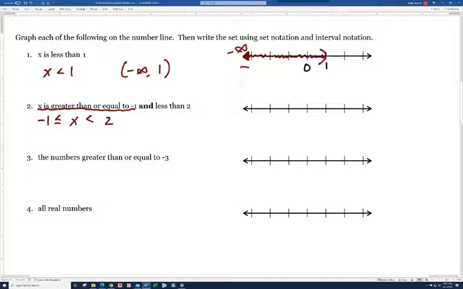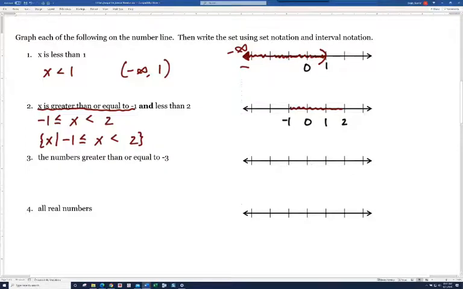Now, if you were writing it in the fancy, formal way, it would look like this. The set of numbers x such that x is between -1 and 2, counting -1 but not 2. Or x is greater or equal to -1 and x is less than 2. All right, so these are the numbers between -1 and 2. So let's go ahead and graph those numbers.